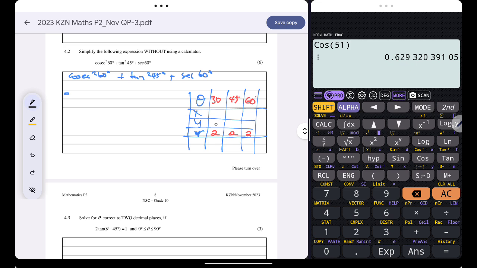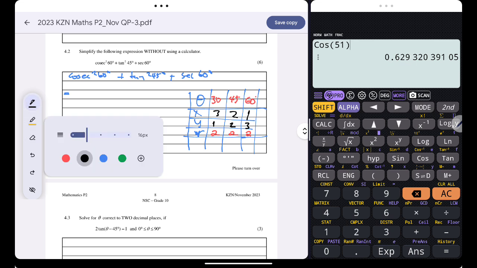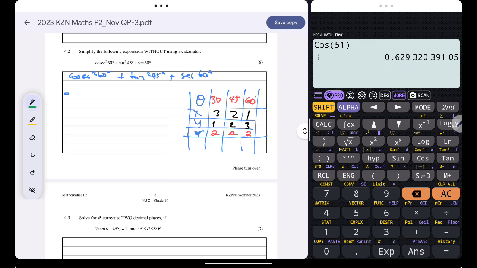I'll start counting from y, and then I'll say 1, 2, and 3. Then from x, I'll start counting at 60 degrees, 1, 2, and 3. Then all I have to do is put square roots for both x and y: square root of 3, square root of 2. I don't have to put the square root for 1 because the square root of 1 is 1.